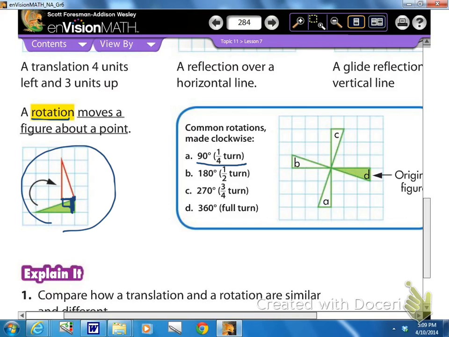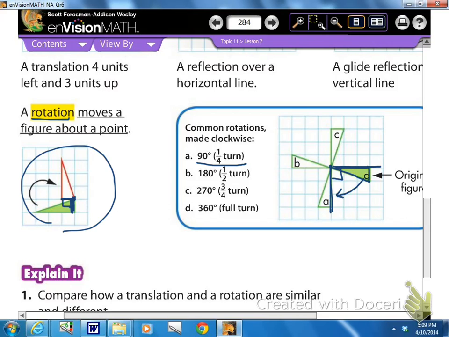And here it shows some examples. If this was the original shape, and this is the point that it rotates about, it shows you how much. This would be a 90-degree turn. Look, I'm comparing this line to this line. Here's 90 degrees.